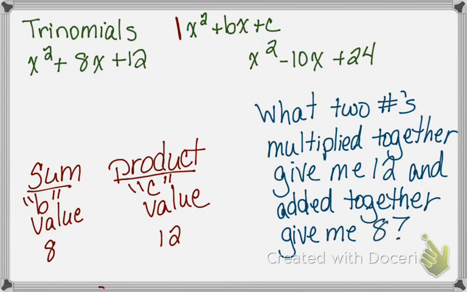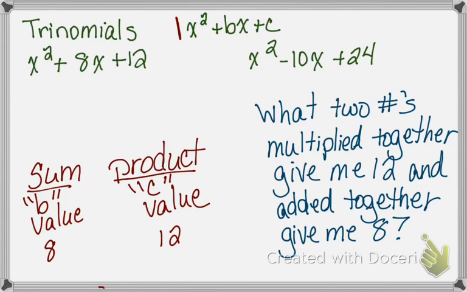And it has to be both. You've got to find two numbers that multiplied together give you 12 and added together give you 8. So what two numbers added together give me 8, multiplied give me 12?